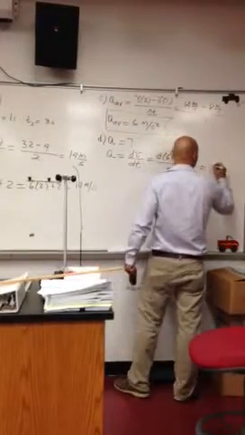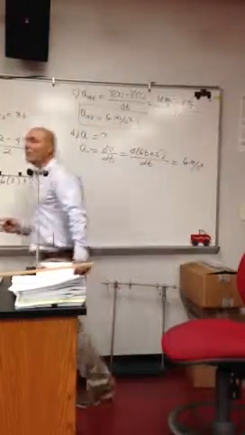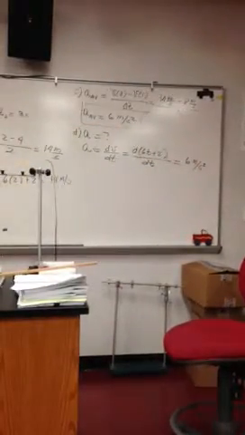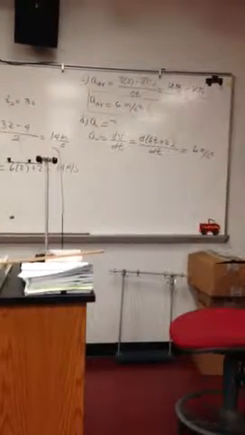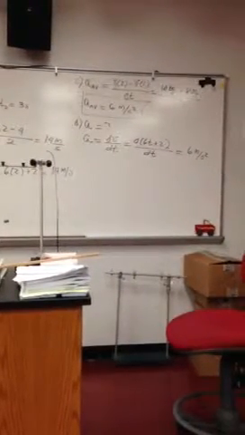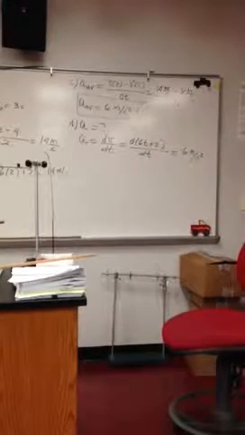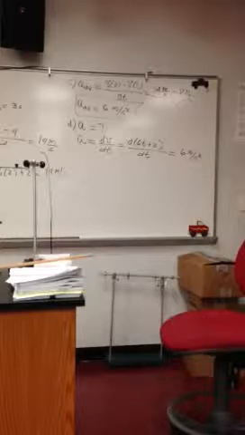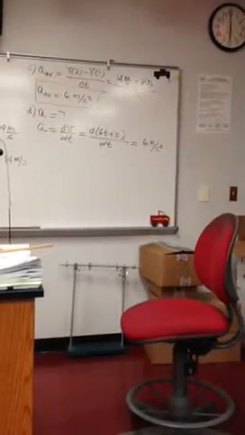So everybody knows that this will be 6 meters per second squared. The meaning is that the acceleration all the time is 6 meters per second squared. Is that correct? All the time. Yeah. Which means that this is uniformly accelerated motion, which is motion at constant acceleration. Right? So that's an example of a motion at constant acceleration.